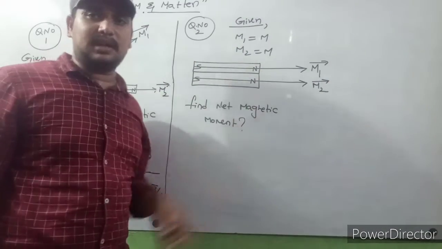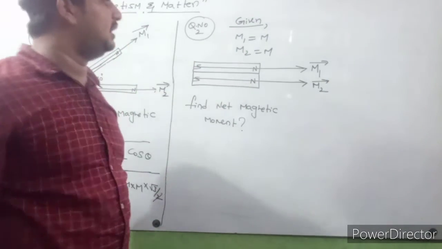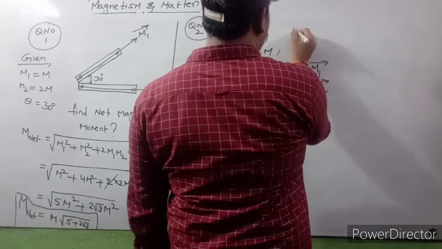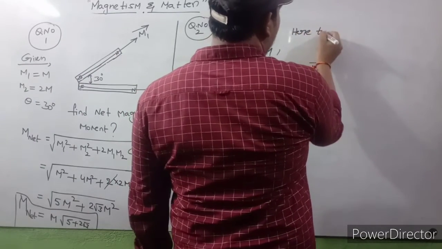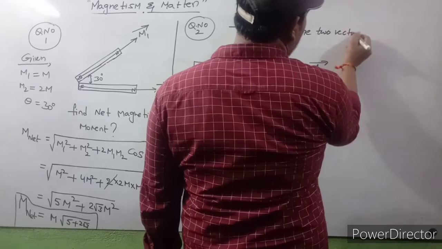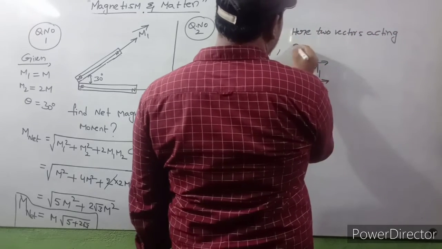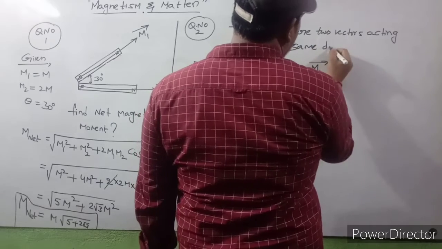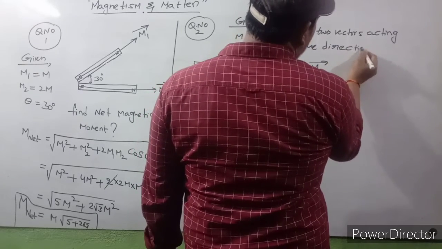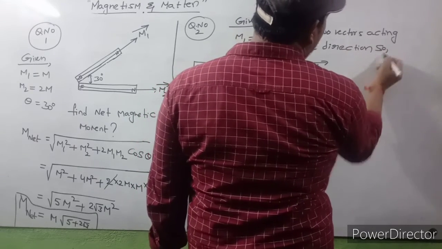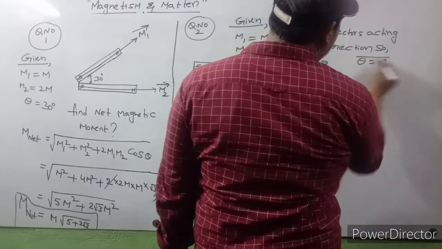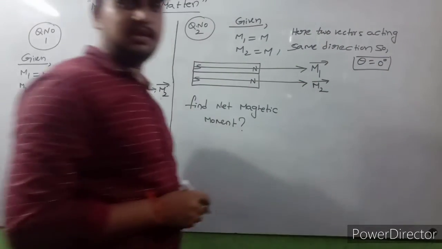Here these two vectors are acting in the same direction. So theta is equal to 0 degrees.